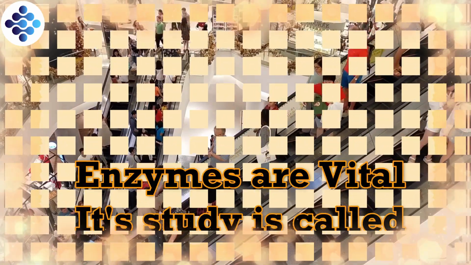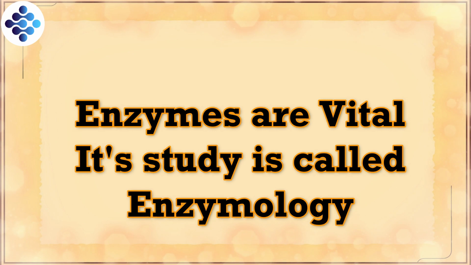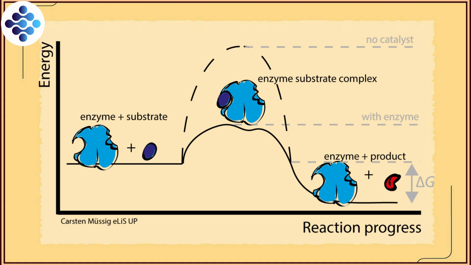Almost all biochemical reactions in living things need enzymes. And the study of enzymes is called enzymology. The molecules upon which enzymes act are called substrates. And the enzyme converts these substrates into different molecules, and they are known as the products.